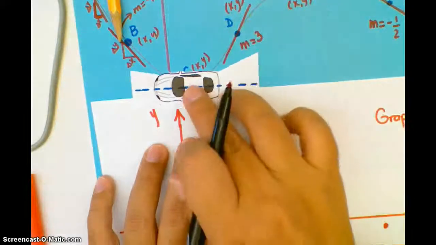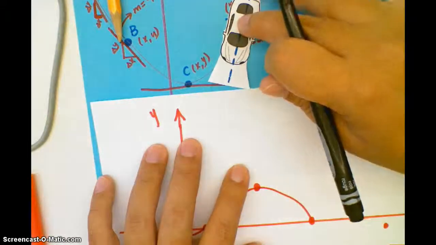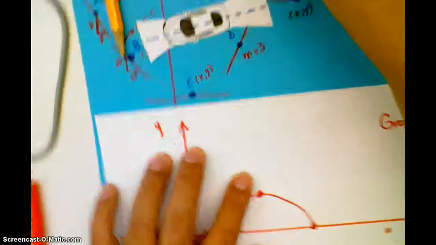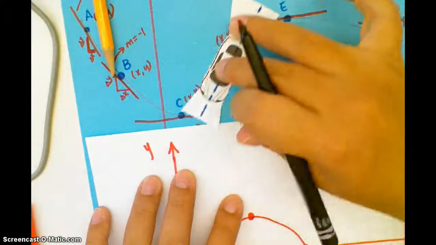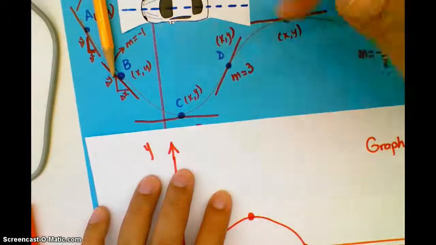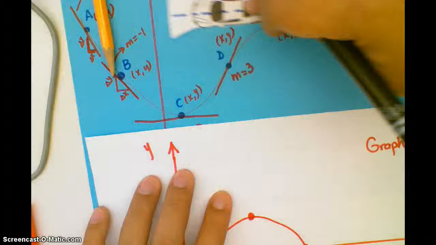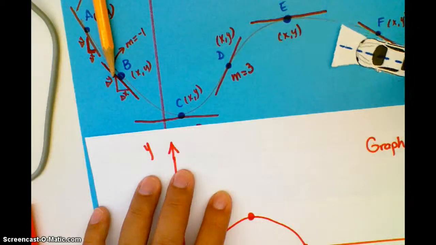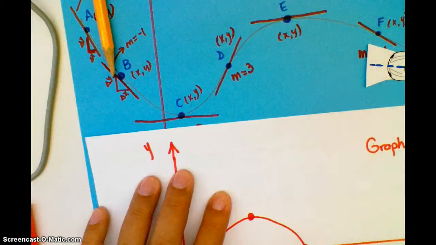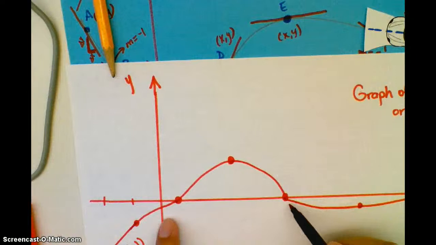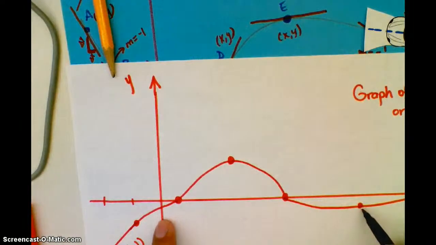The slope is 0, it grows, it stops growing, it decreases, and becomes 0 again. What happens between E and F? It's 0, and then it decreases, it stops decreasing, and then it becomes 0. So that's the little hump that you see here. It decreased as a y value, and then it went back again to 0.